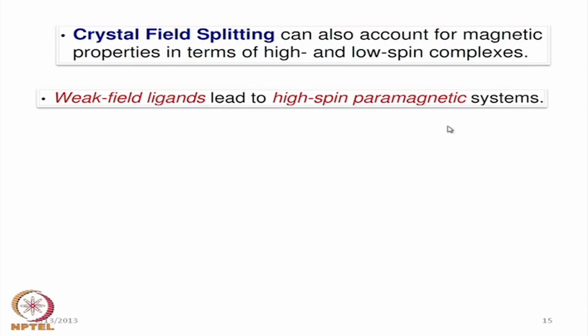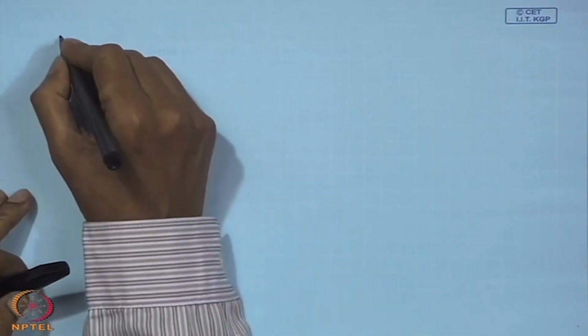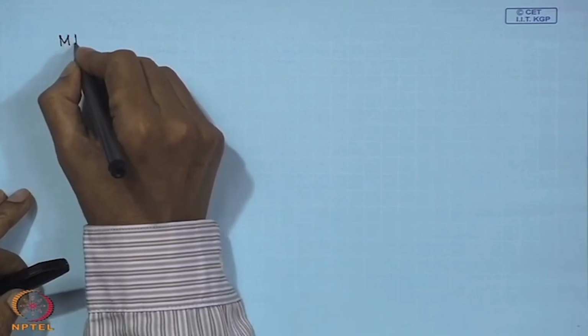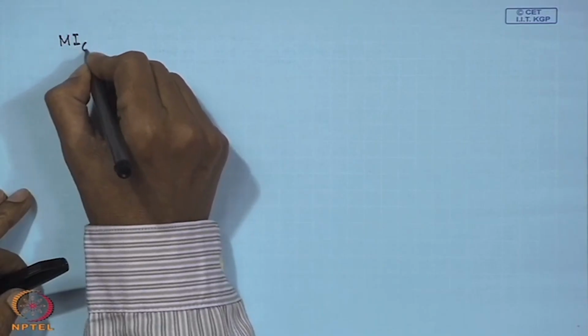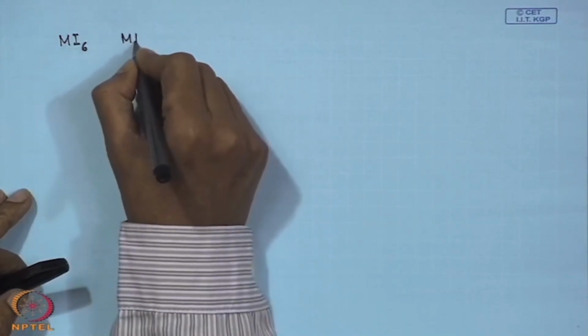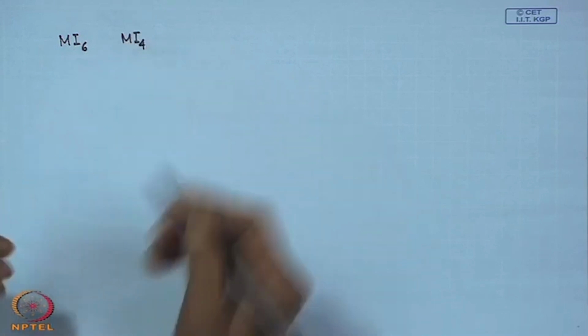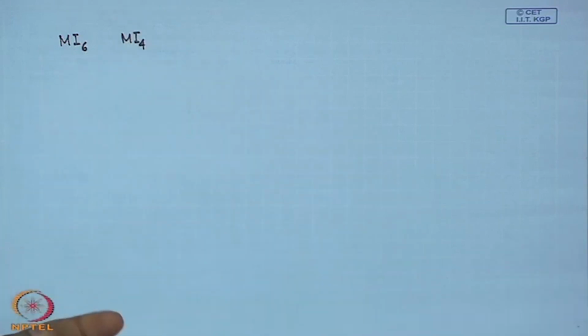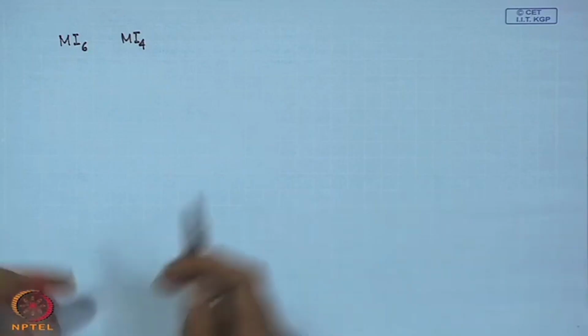Therefore we have the corresponding ligands such as iodide or bromide. If we have the corresponding metal, and if we have iodide, say MI6 or MI4, the expectation is that in these cases we can have high spin compounds.